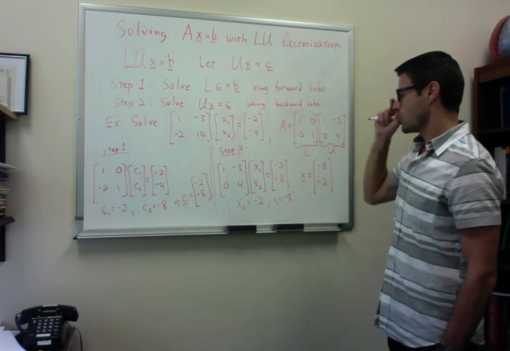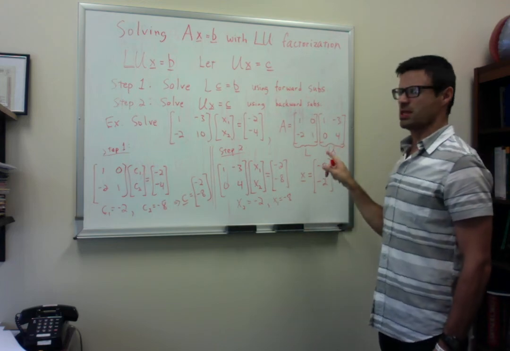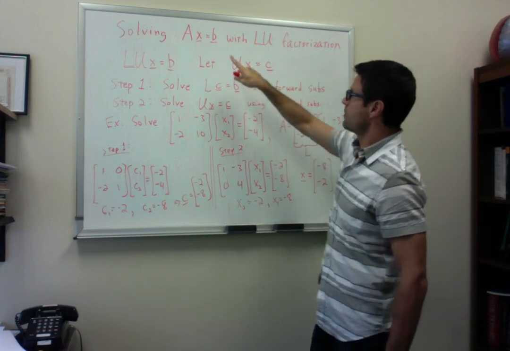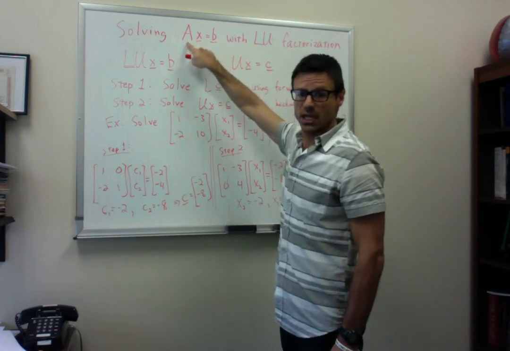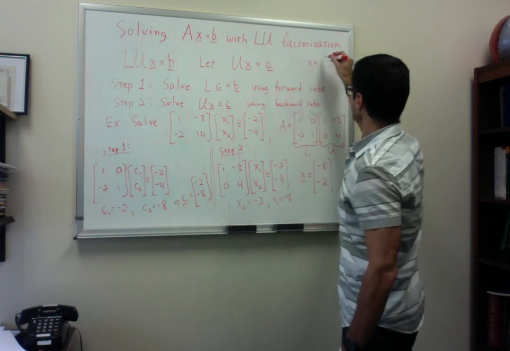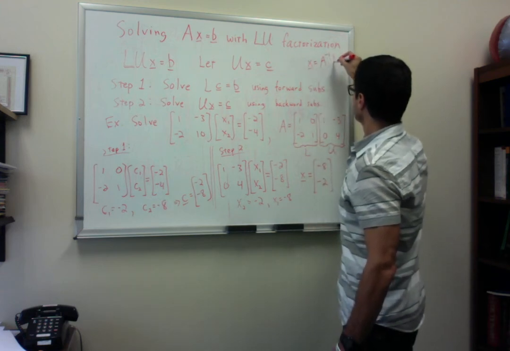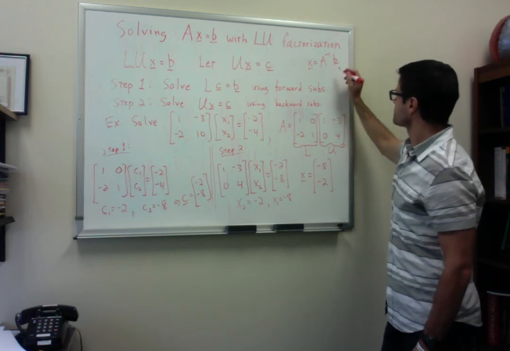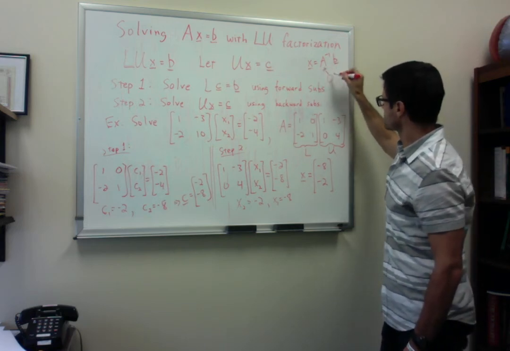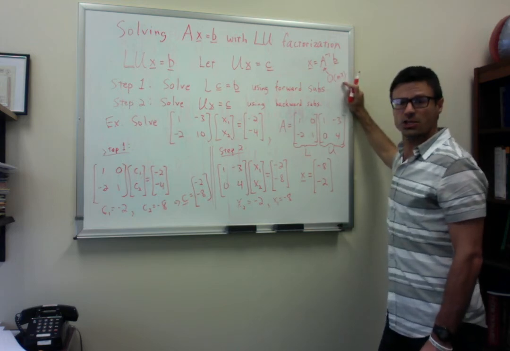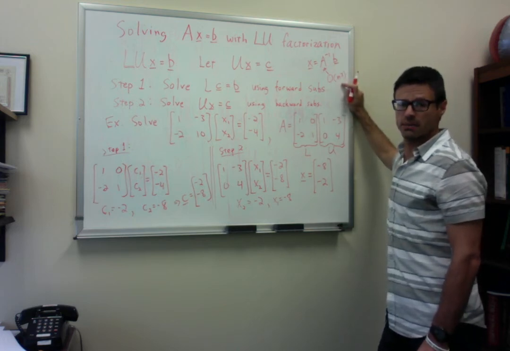Now, as far as why would we want to use this as opposed to some other method, for instance, we could actually solve for x by finding the inverse of A and using x equals A inverse B. But what I mentioned in class was that finding A inverse takes on the order of n cubed operations for an n by n matrix.